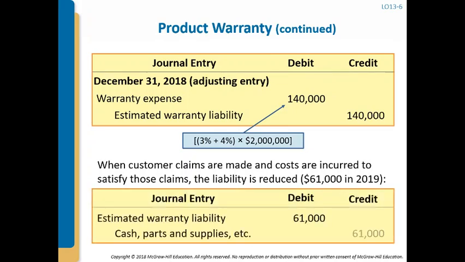So that would be your credit: parts and supplies, labor, etc. And then you simply debit that portion of the estimated warranty liability that is used up.